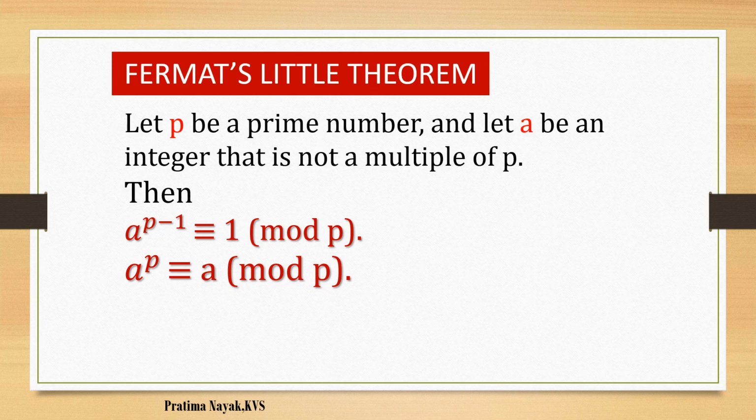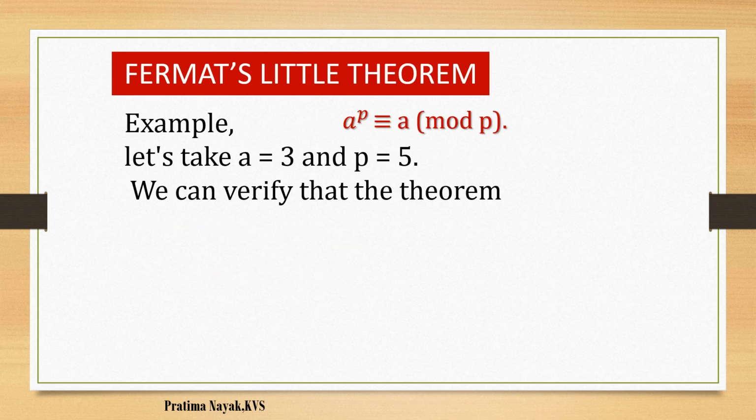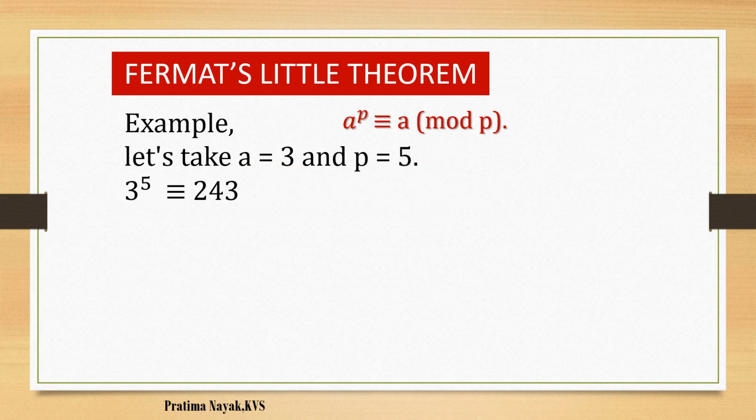Let us take some example, or let us first verify. A is 3, P is 5. P is a prime number, and A and P are co-prime, so we can apply this. Let us verify the theorem: 3 raised to the power 5 is 243, and according to this little theorem, 3 raised to the power 5 must be equal to 3 modulo 5.